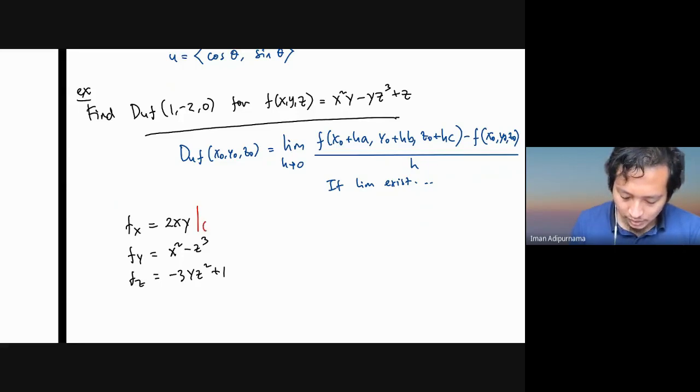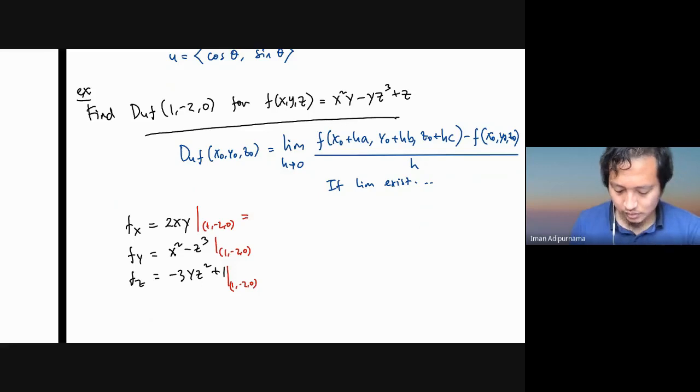And plug in the point. This will be -4. This will be 1. This will be 1, right? Because z is 0, so just plus 1.